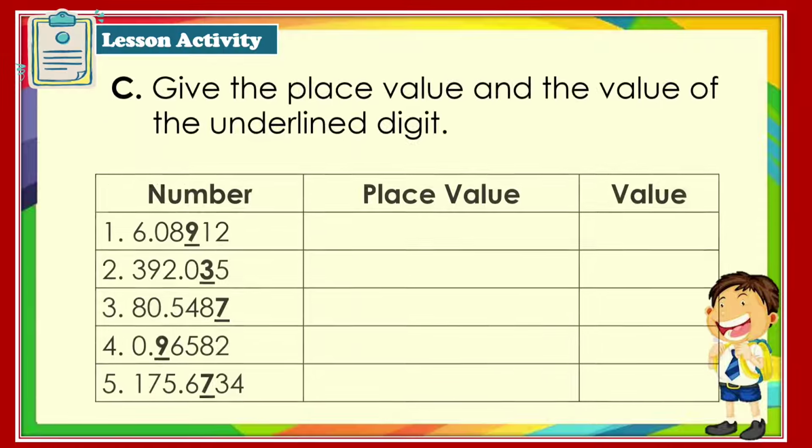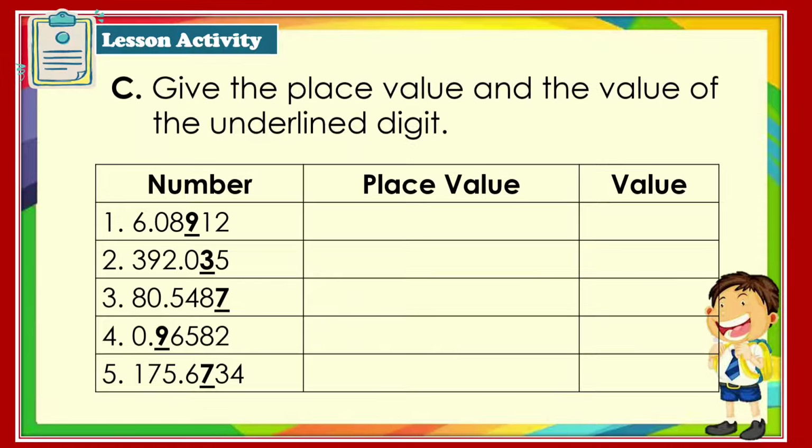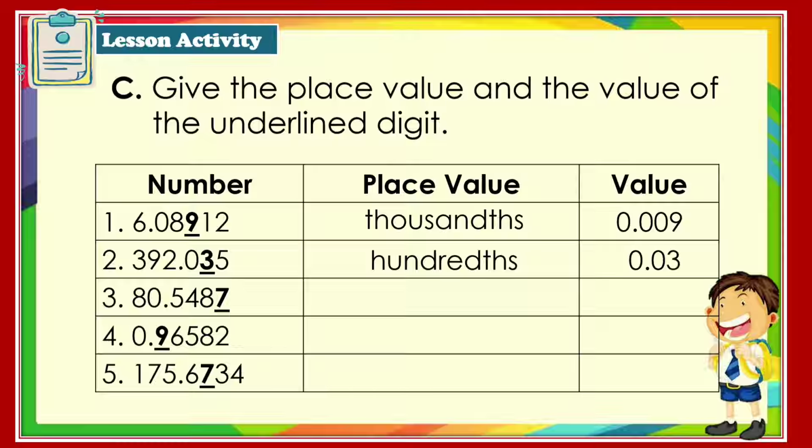For lesson activity, letter C, give the place value and the value of the underlined digit. The number for number 1 is 9. 9 is what place? Thousands. Multiply 9 times thousands, that is 9,000. Number 2, 3 is in the hundreds place, and the value is 300. Number 3, 7 is in what place?